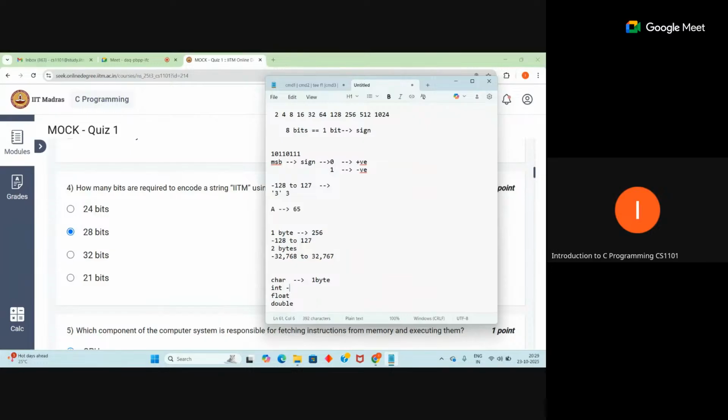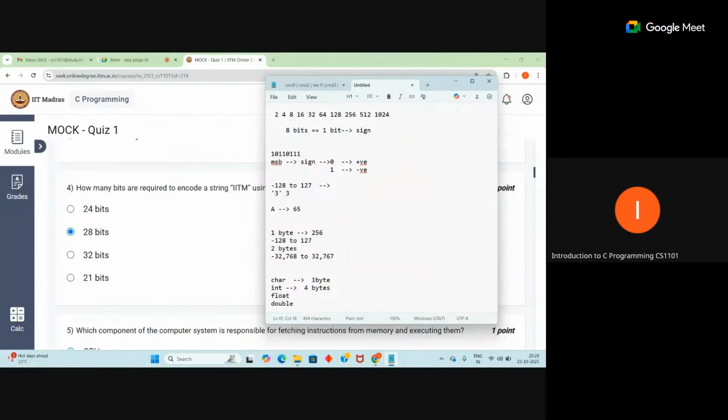If your data is an integer, based on your processor capacity, whether it is 16-bit, 32-bit or 64-bit, it will take either 2 bytes or 4 bytes. In older systems like 16-bit processors, it will take only 2 bytes of memory. But nowadays most systems are 64-bit, so an integer will occupy 4 bytes of memory.